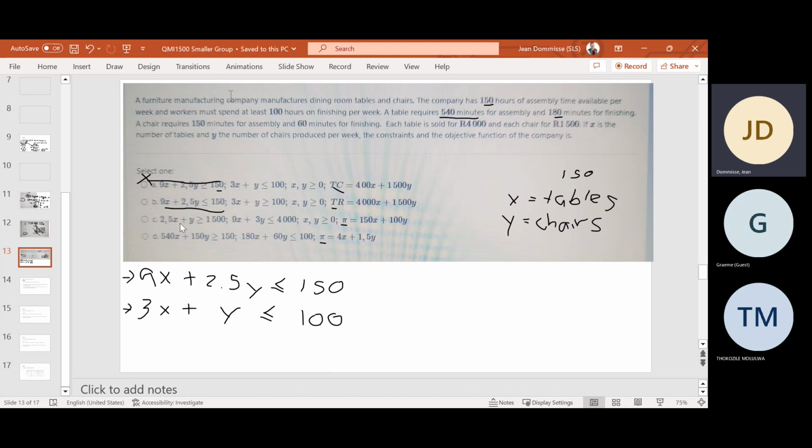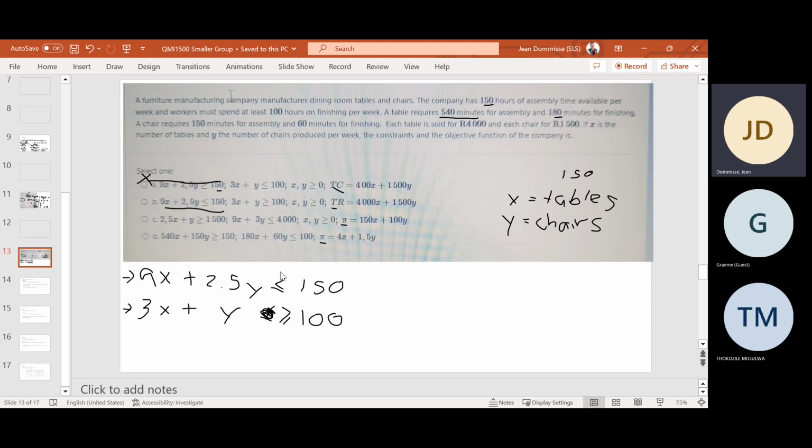Let me check that again. I made a mistake. It says workers must spend at least 100 hours, so it's the other way around. At least means I must spend more than or equal to 100.